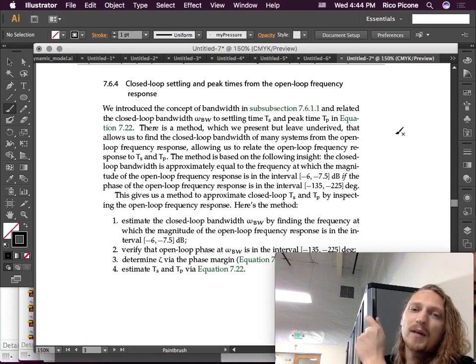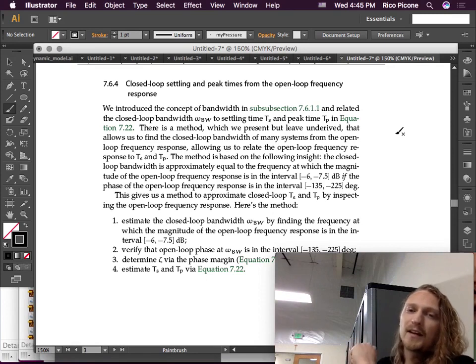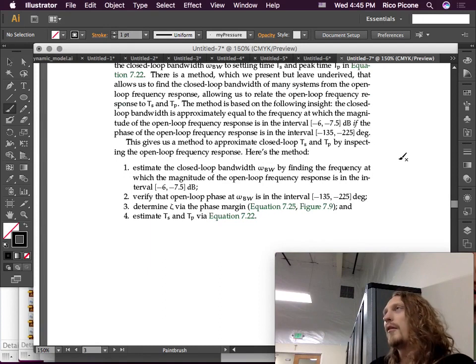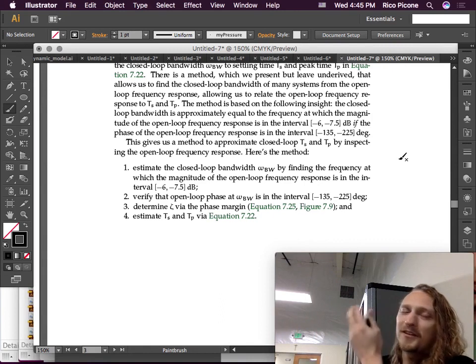This gives us a method to approximate closed loop settling and peak times by inspecting the open loop frequency response. So here's the method. I'm just giving it to you as an algorithm. To gain insight into why this is true, you have to sit down and unpack everything. There's a lot to unpack, though.